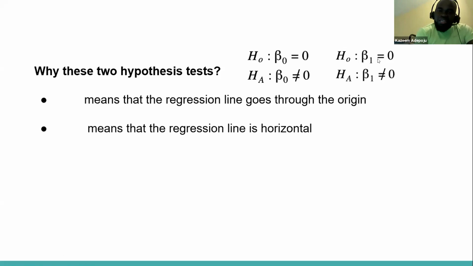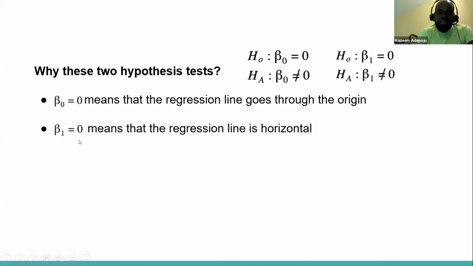The alternative says no, it shouldn't start from 0; it should start from a particular number other than 0. That is what this one is talking about. And for beta 1, it means the regression line is horizontal. I think you can see that now for beta naught.